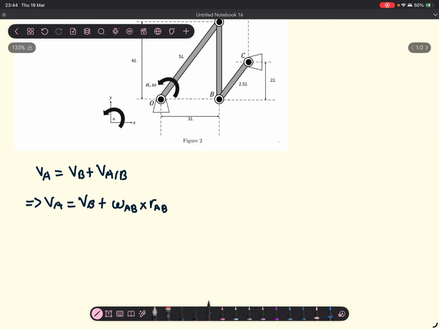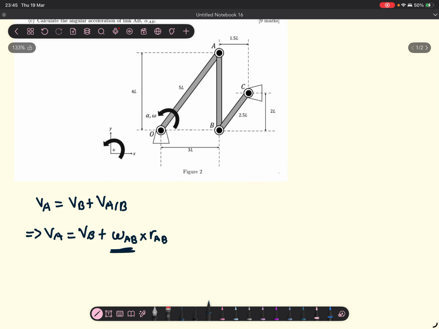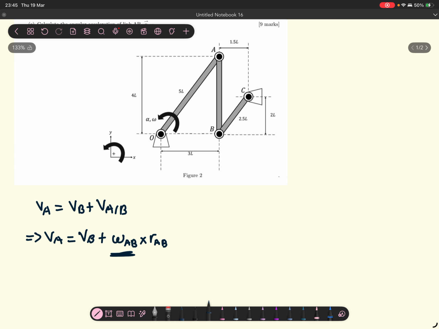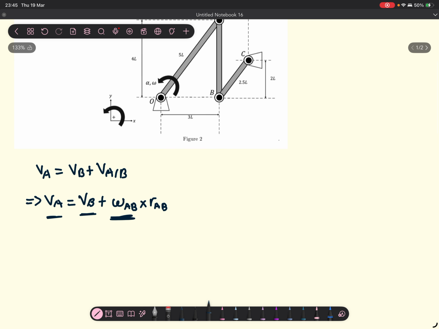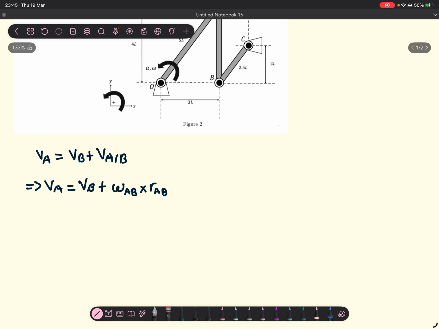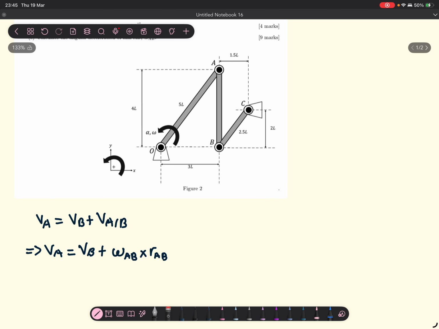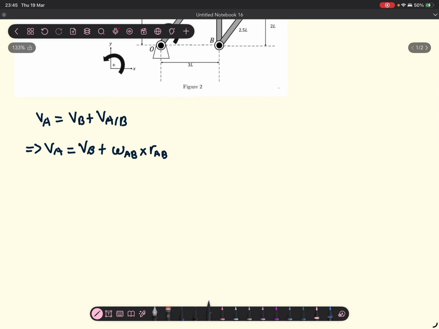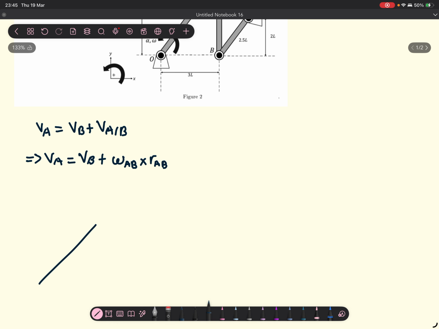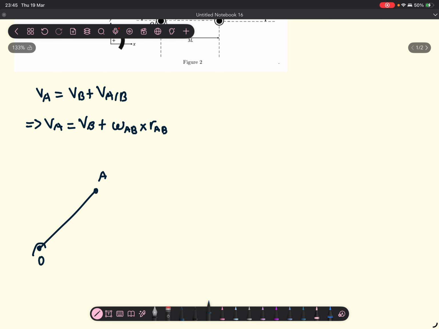Cool, so we have this angular velocity term, which is what we wanted. But now we don't know what VA and what VB is, right? So cool, let's try and figure out what they would be. So we can draw link OA to try and figure out what the velocity of A would be.